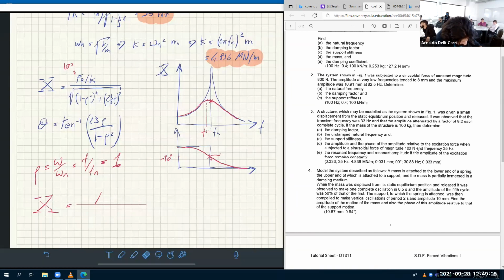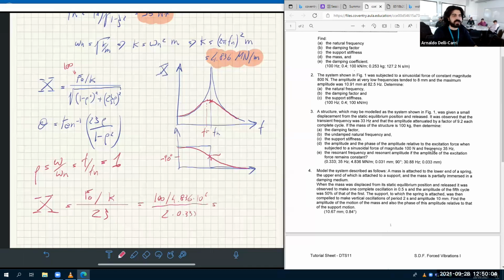You put this first, F0 over K, and this is 2 zeta rho. Agreed? Because rho is 1. So in the end, I just need 2 zeta because rho is 1, as I said. So this is equal to 100 divided by 4.836 times 10 to the power of 6 divided by 2 times 0.333. And if you do this, you get that x is 0.031.